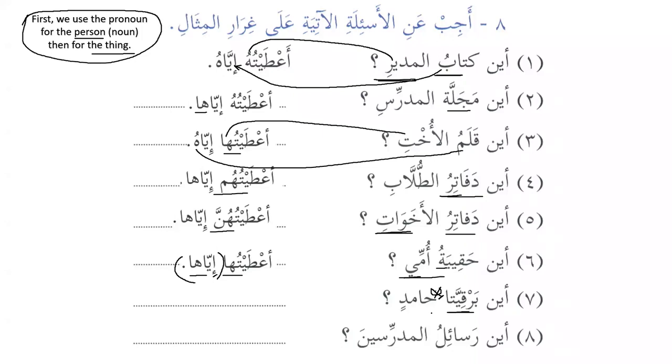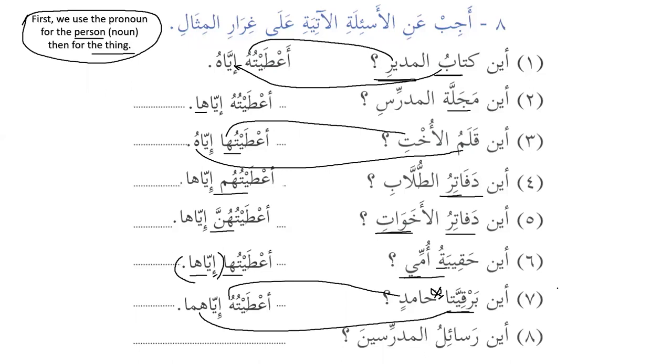Okay, now we have to use the damir for Huma. أعطيته إياهما. Excellent. Very good. So hu refers to Hamid and Huma refers to barqiyata. We know that for the feminine and for the masculine dual, we have to use the same Huma.